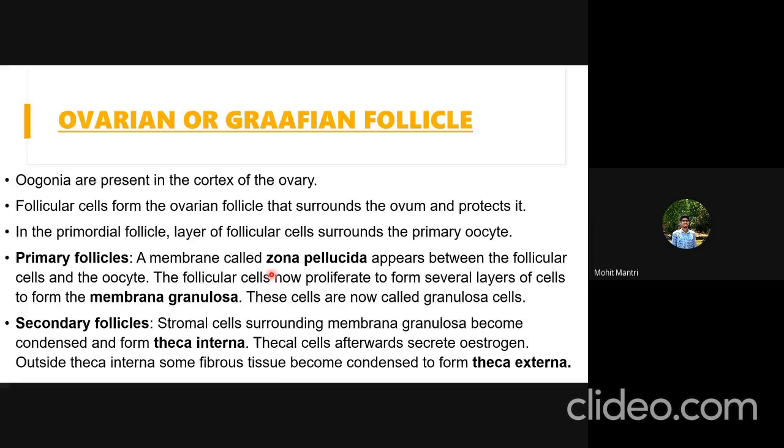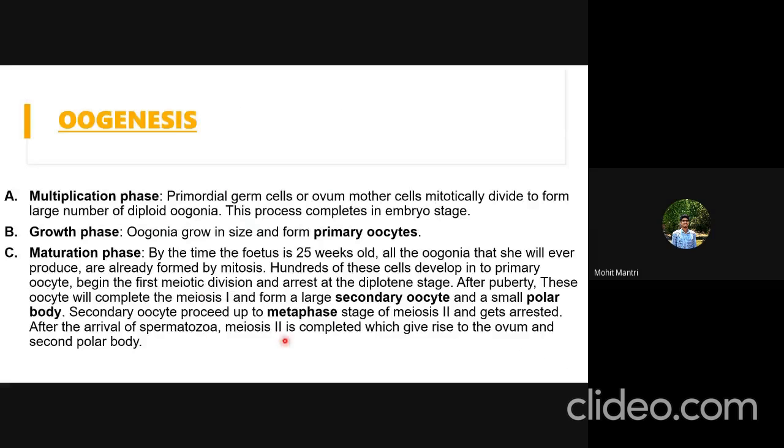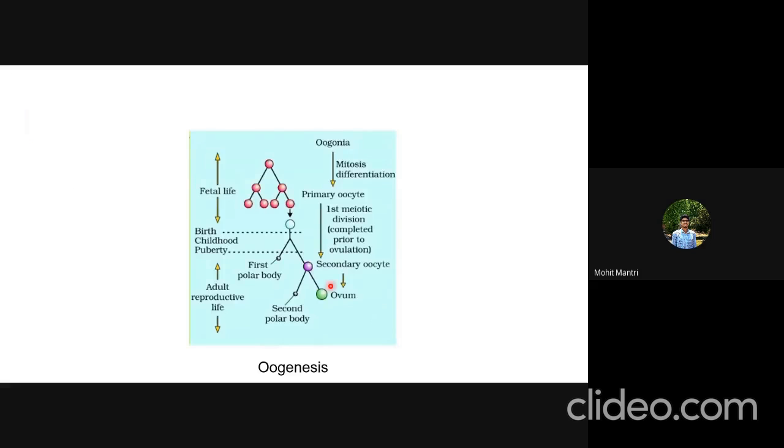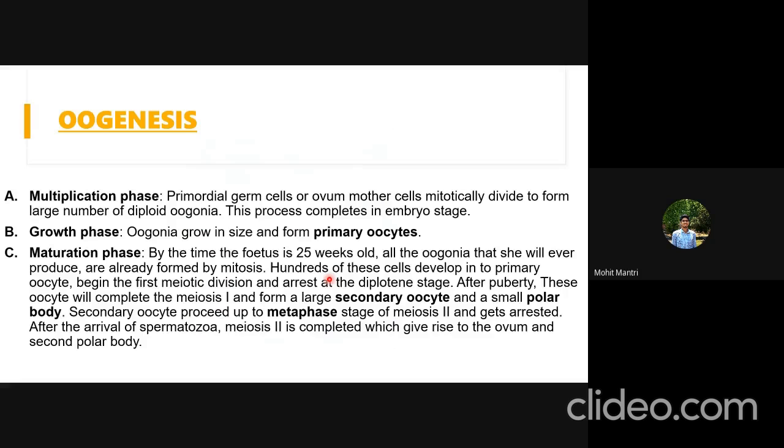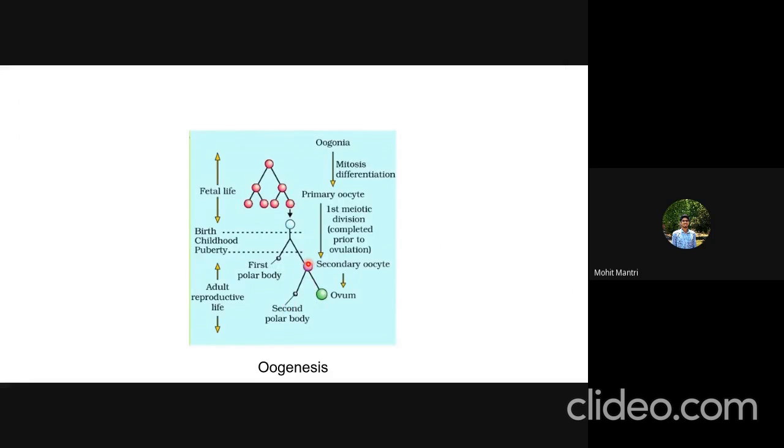Now this secondary oocyte will proceed to undergo meiosis 2, but will get arrested at the metaphase stage of meiosis 2. Only after the arrival of the spermatozoa will meiosis 2 be completed, and again the secondary oocyte will undergo unequal division to form a large ovum and a small second polar body.